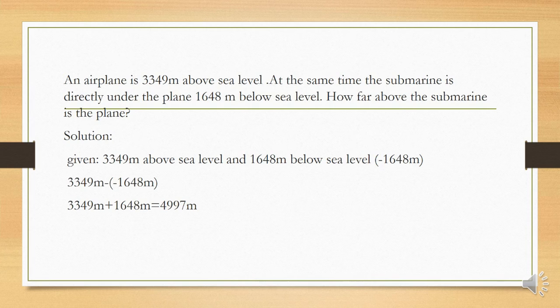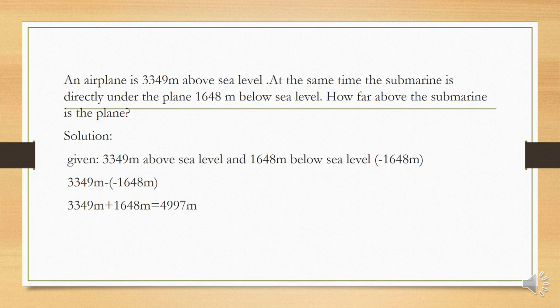The given problem is 3,349 meters above sea level and 1,648 meters below sea level. 3,349 meters is the representation of a positive integer since it is above sea level, and 1,648 meters is the representation of a negative integer since it is below sea level.